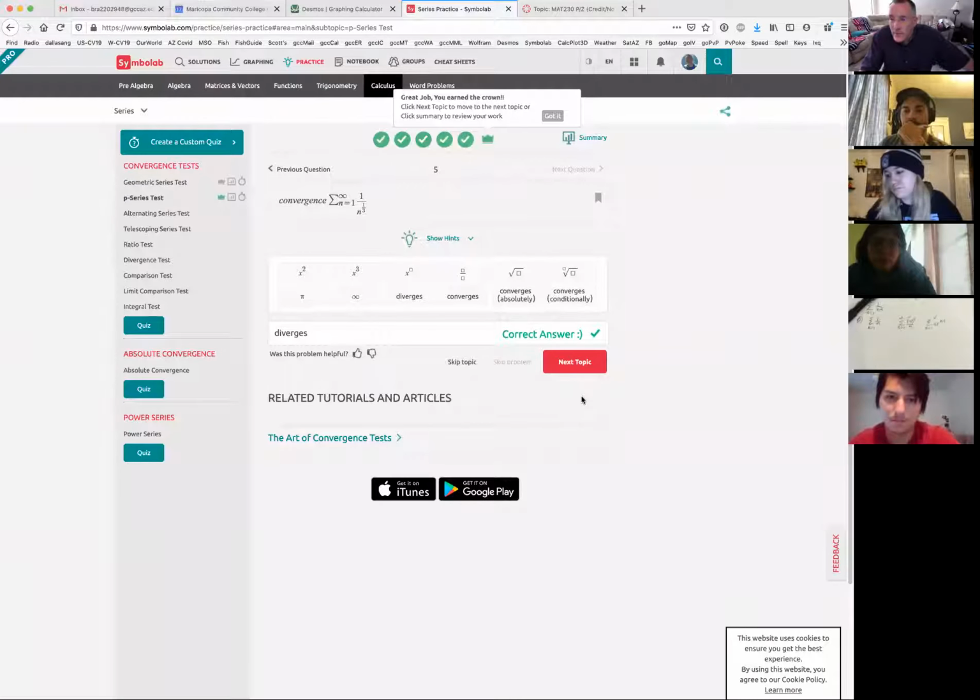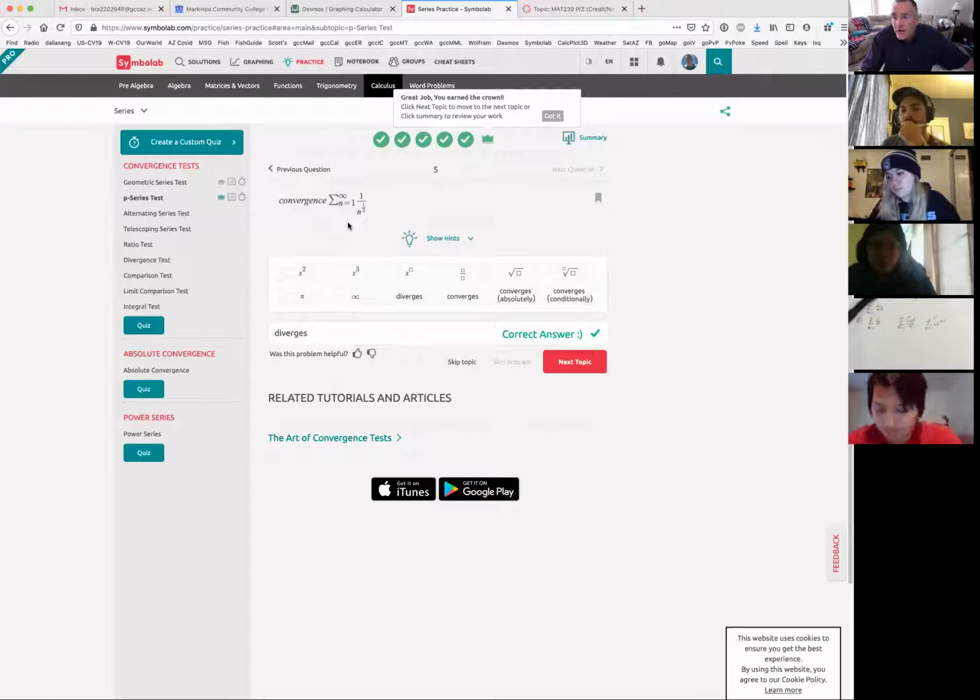So now we've gotten to the point where we can look at a p-series and say what we think it's doing, but we still haven't made a proof yet. We didn't prove this is true yet for all p's, and that's what we're up to next. Okay, so I really like Symbolab for testing series. You can do this, not to as great an extent, using your graphing calculator.